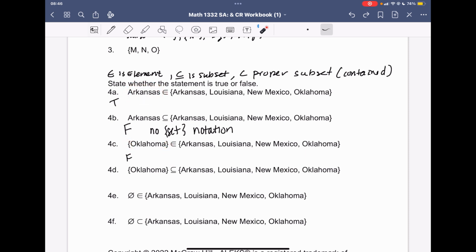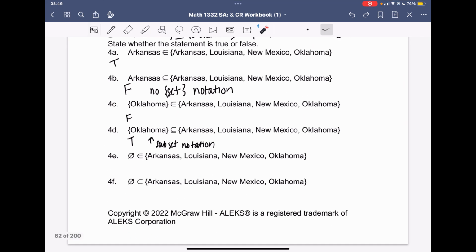So then the next one is asking if the set Oklahoma is a subset of this set, and that's going to be true because it has the subset notation. And then E is asking if the empty set is an element of this set.